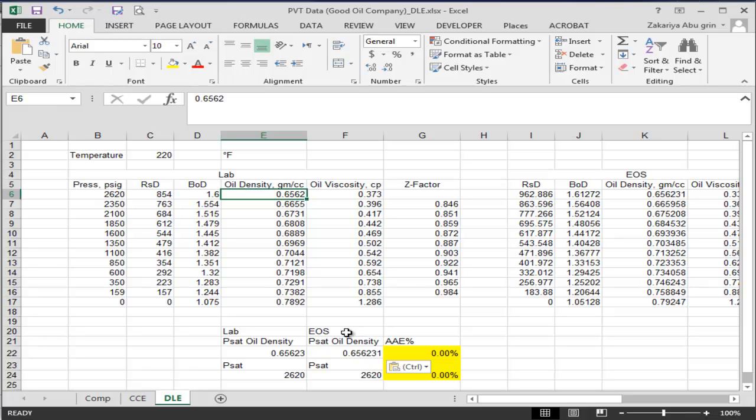But what about those two? When we compare those two with those two, for example, at least here for RS, here it's 854, and here it's 963.